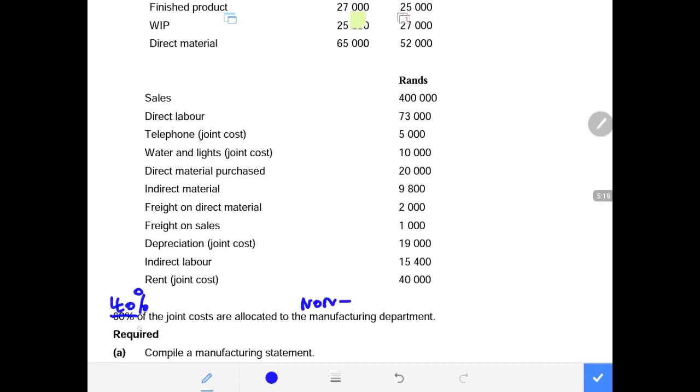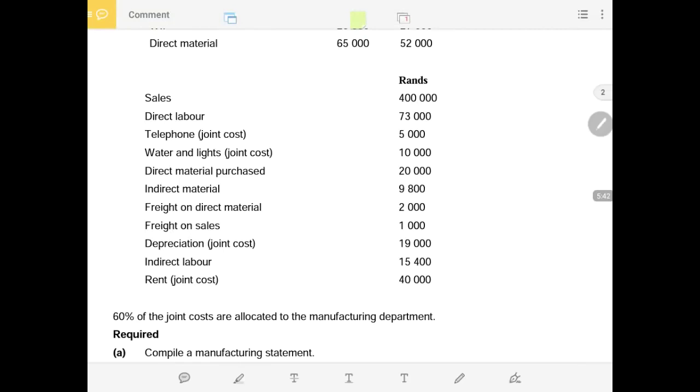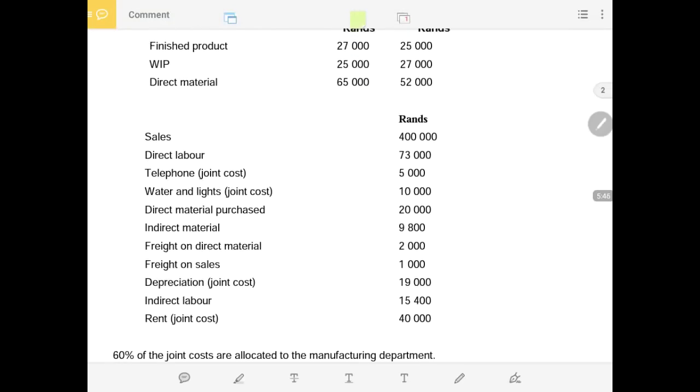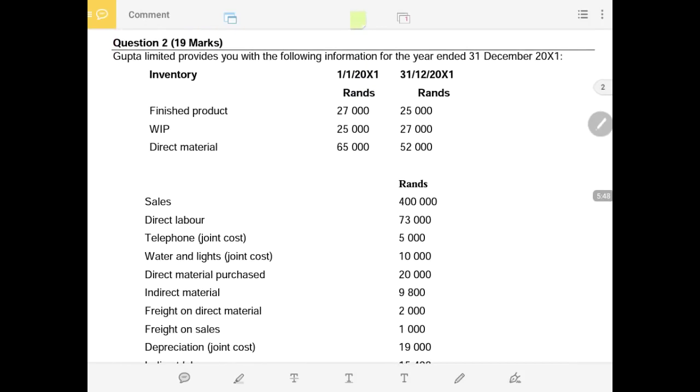So the minute it is related to a non-manufacturing department, then 60% relates to the manufacturing department. I will come back to that when I'm compiling the production statement or the manufacturing statement, and also align that with the calculation of the income statement.